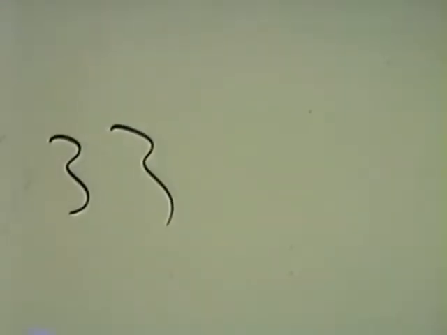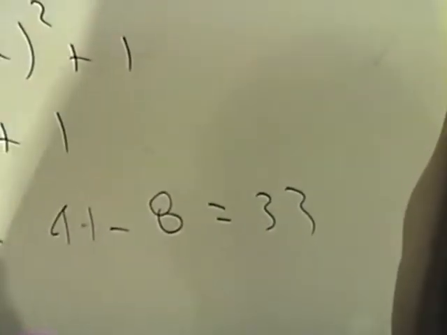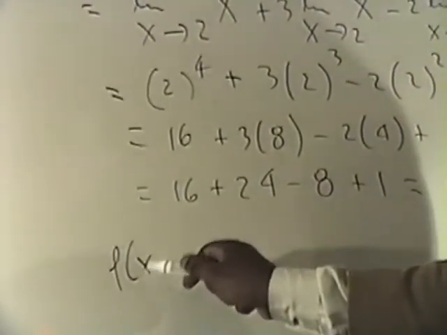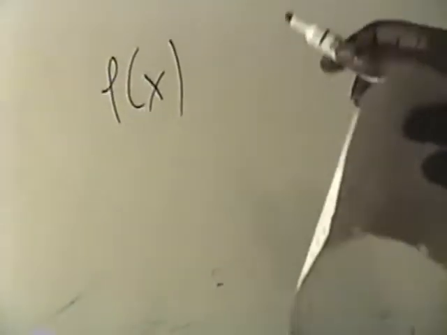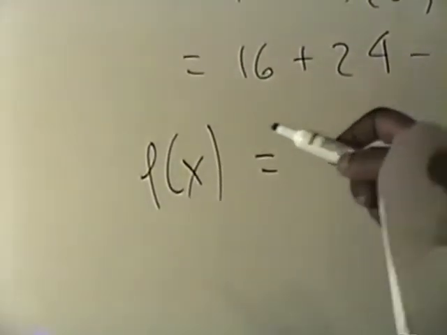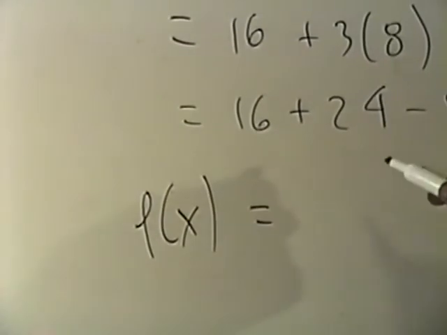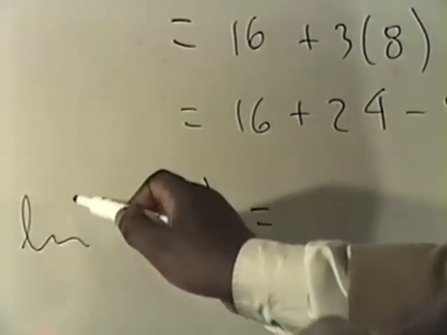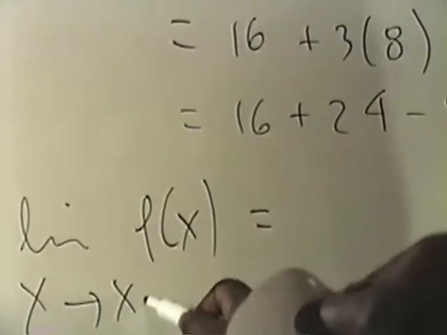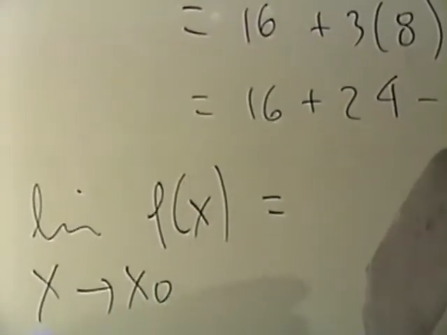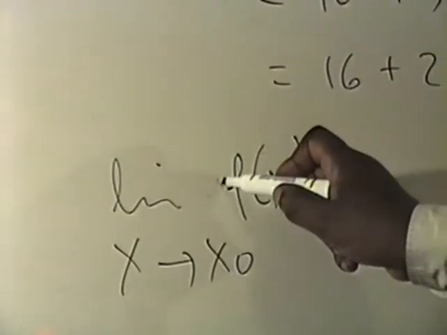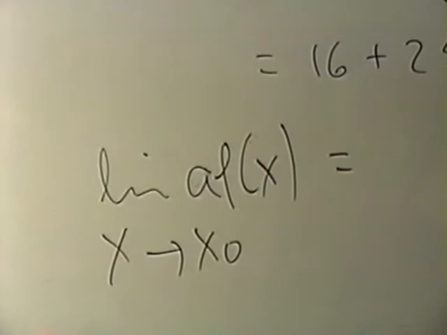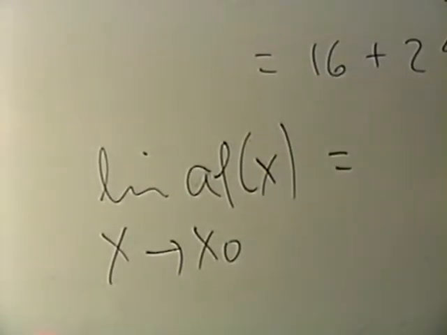Okay, let's do it like this. Suppose the limit as x approaches x sub 0 of a times f of x, a being a constant.